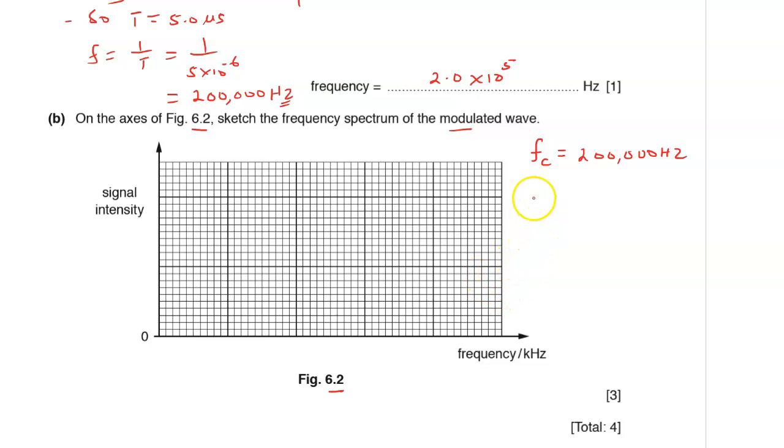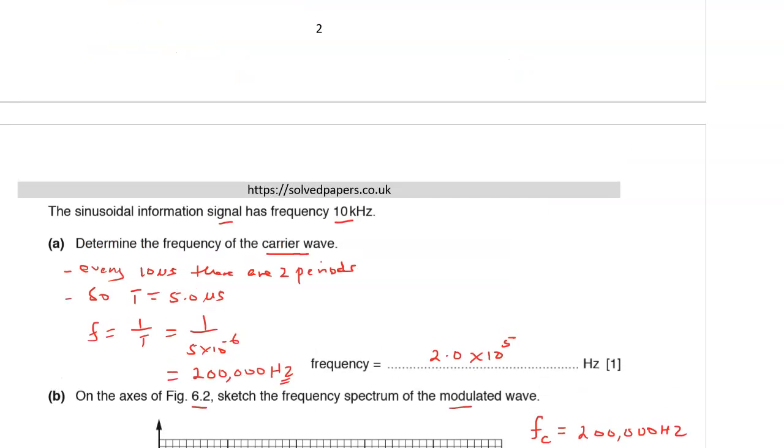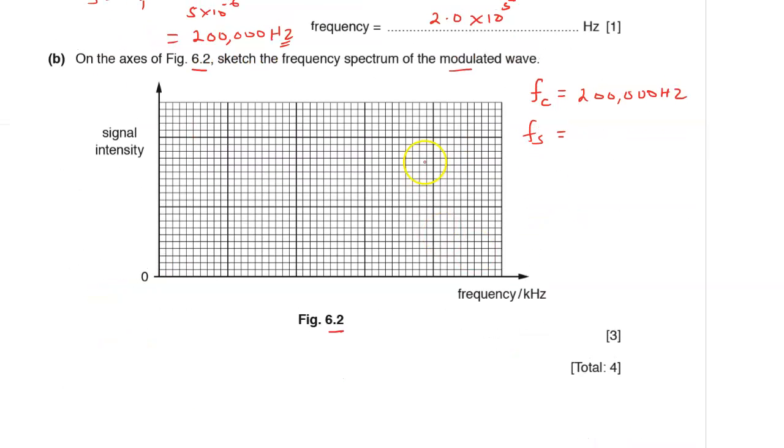The frequency of the signal was given right here. It is 10 kilohertz. 10 kilohertz is 10,000 hertz.